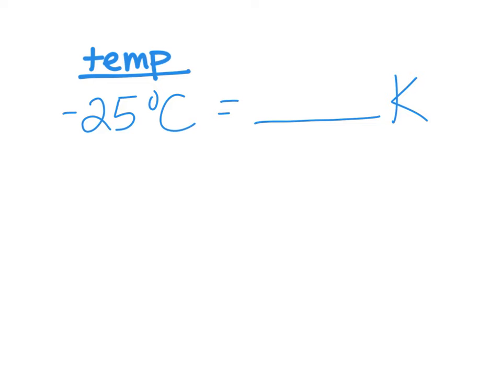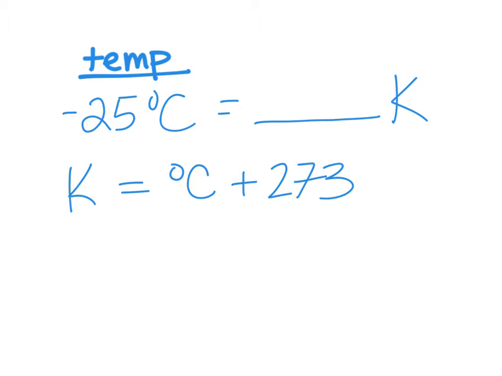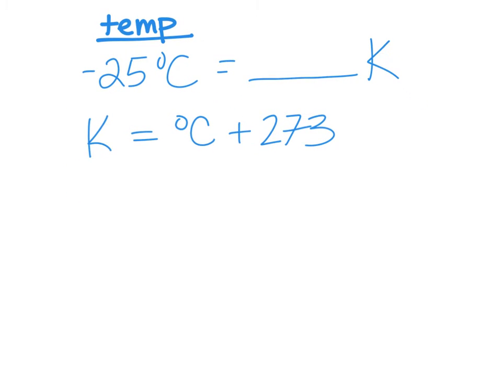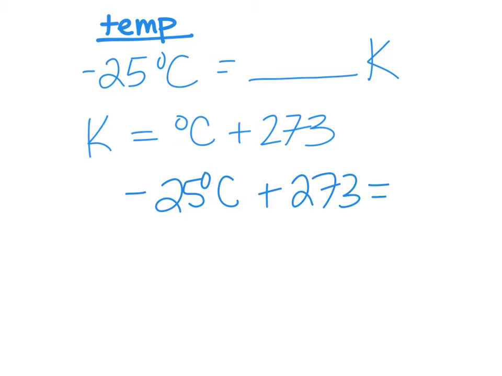If you look at your temperature conversion sheet, number 3 tells us that in order to get to Kelvin from Celsius, you take your degrees Celsius and you add 273. So all we would need to do is negative 25 degrees Celsius plus 273, and that would give us our answer. You would just type that into your calculator.